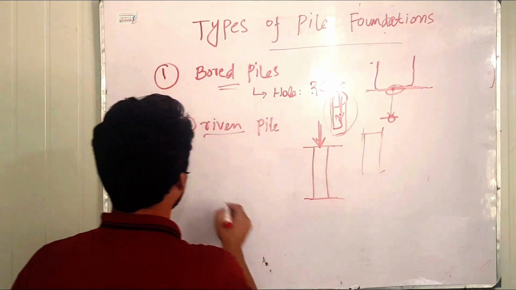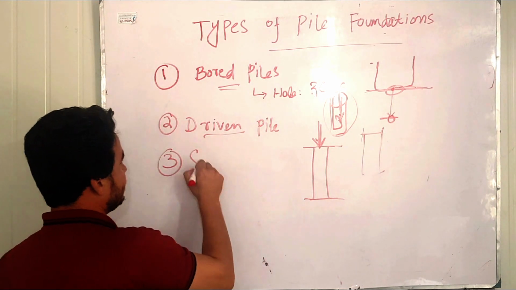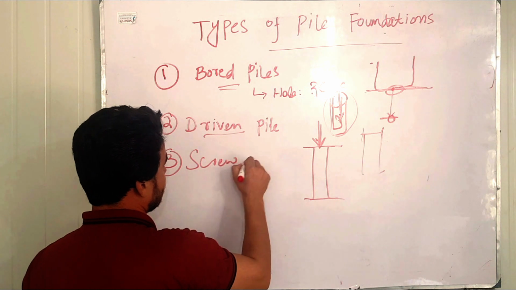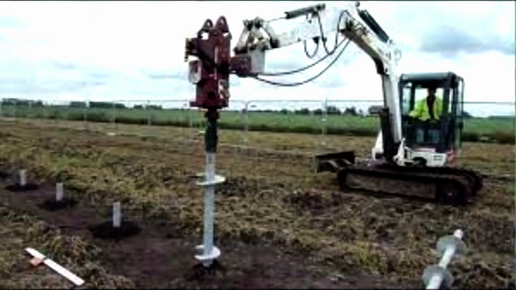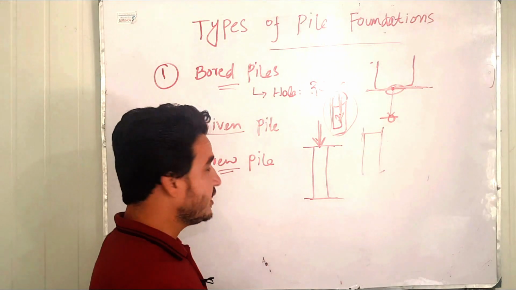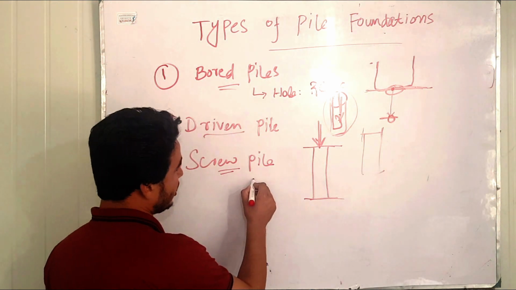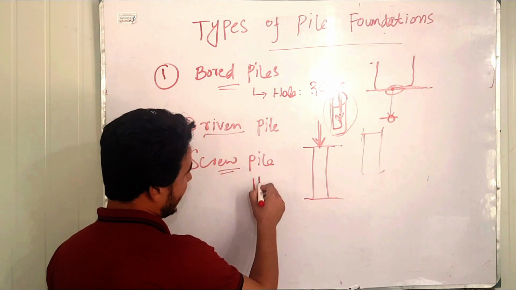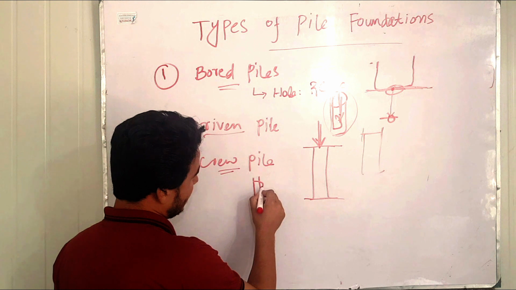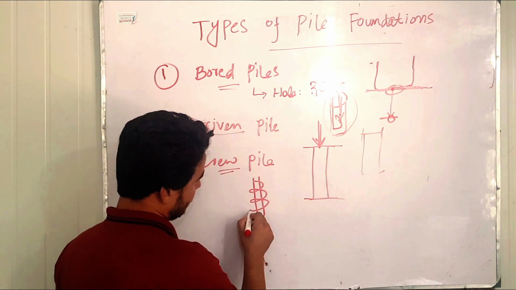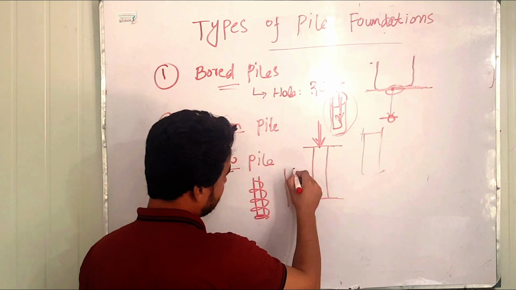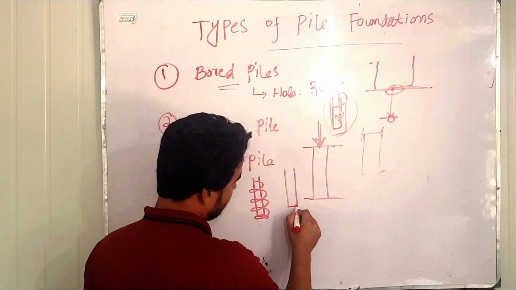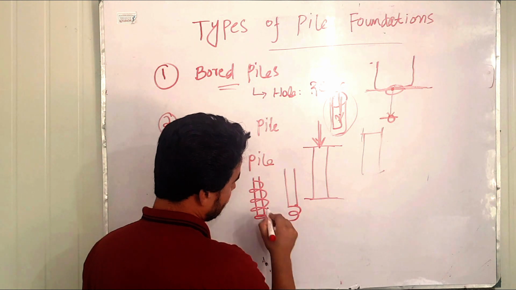The number third is the screw pile. If you have seen the picture, you would see a screw type pile somewhat like this, or it might be somewhat like this.